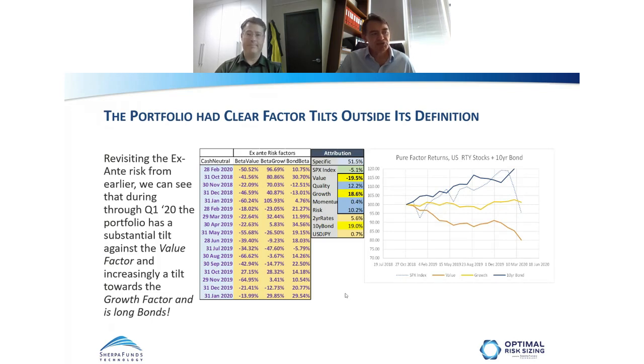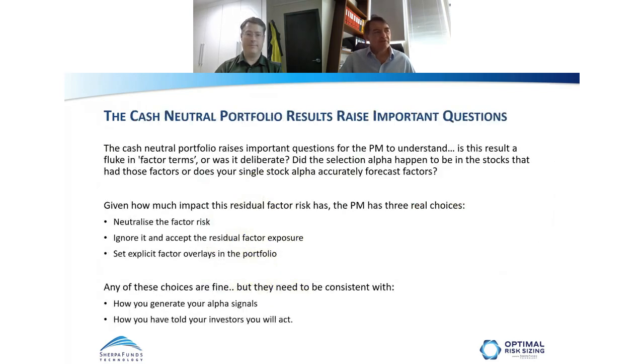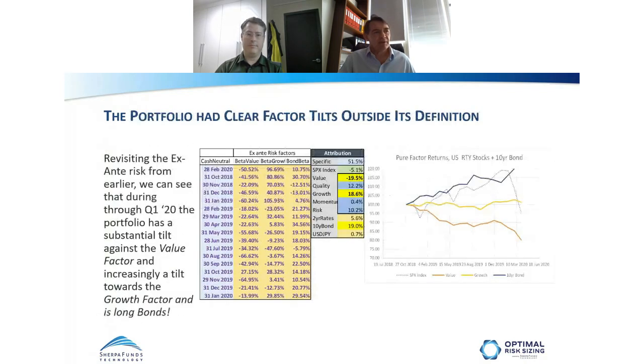And that leads us to a question. Maybe I'll go back here. What are we actually doing in this portfolio? Is our alpha signal one that implicitly contains those factors, and therefore we should never neutralize them? Or does our alpha signal just happen to get us along those factors?